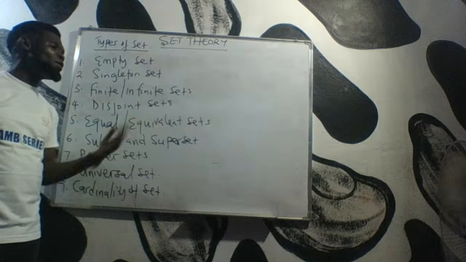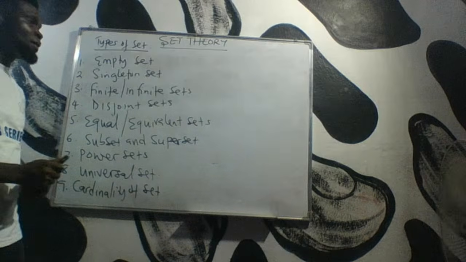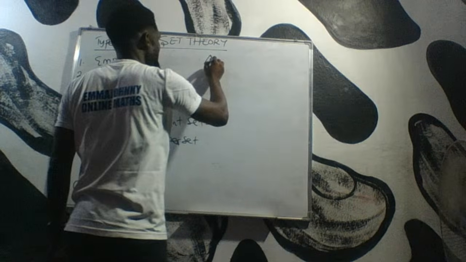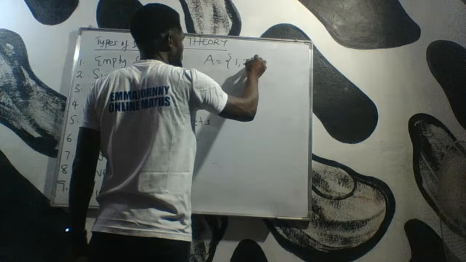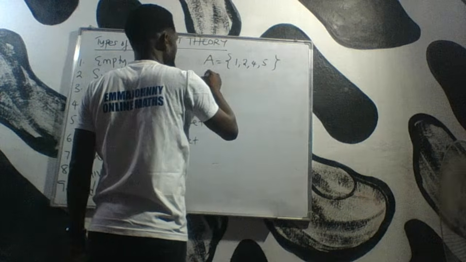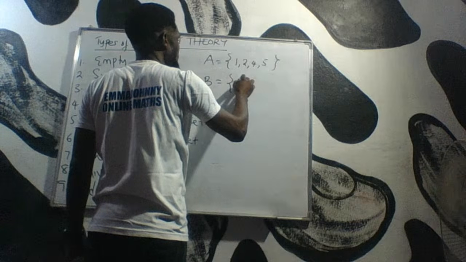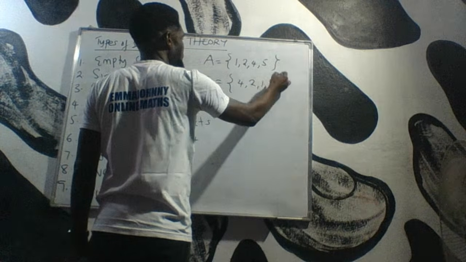And let's look at equal and equivalent sets. So if I have a set A to be 1, 2, 4, 5, and I have set B to be 4, 2, 1, 5, for instance.